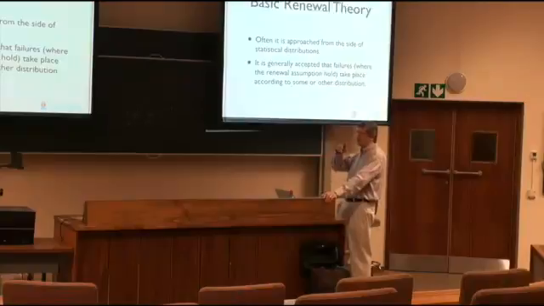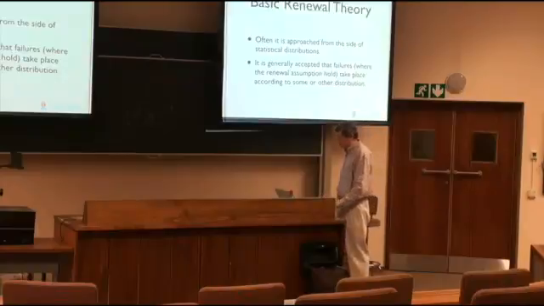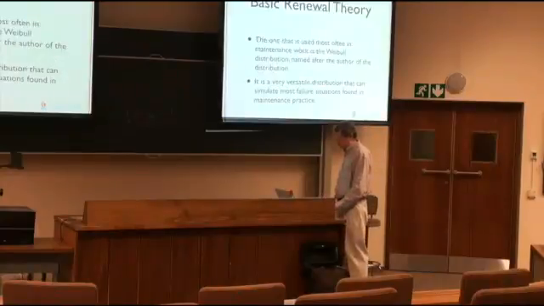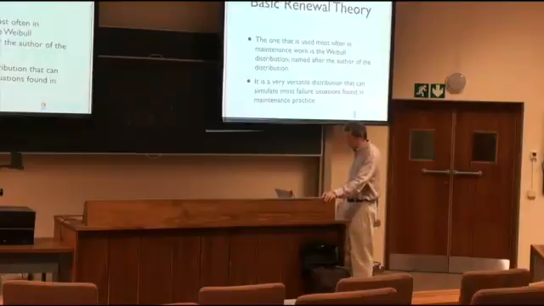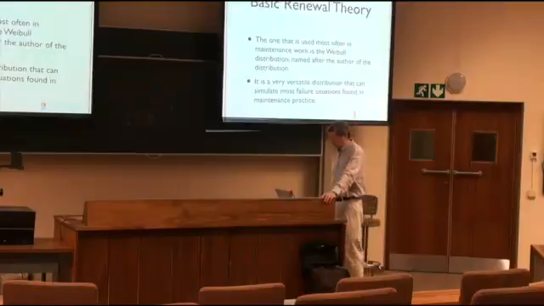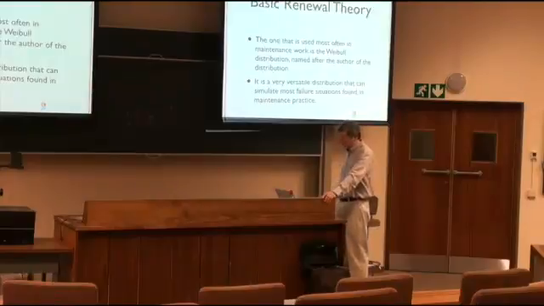You remember when we looked at the density function, it's a sort of a statistical distribution shape. So that's what we're talking about. The one that is used most often in maintenance work is the Weibull distribution, named after the author of the distribution, Swedish guy Weibull.